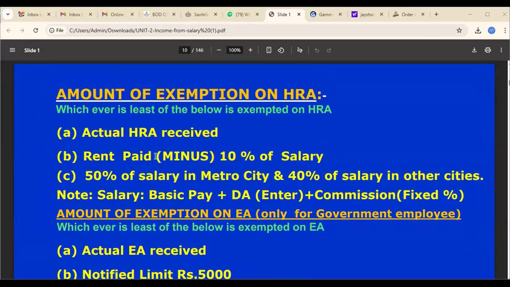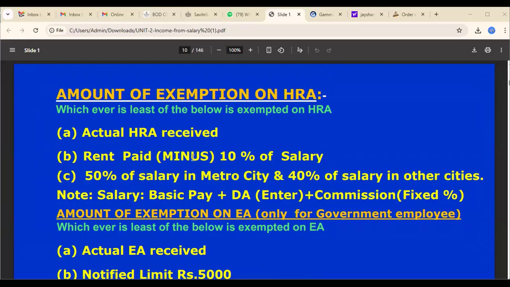In case of HRA, that is house rent allowance, the rent paid minus 10% of salary, or 50% of salary in a metro city and 40% in a non-metro city, whichever is the lowest is the exempted HRA.